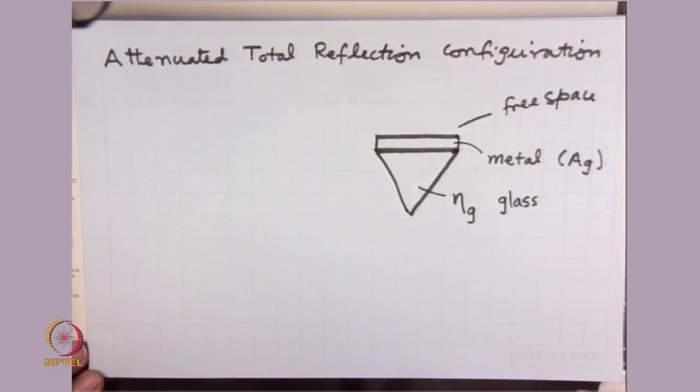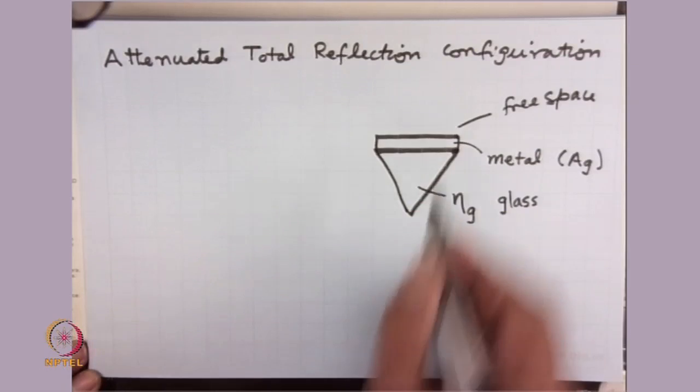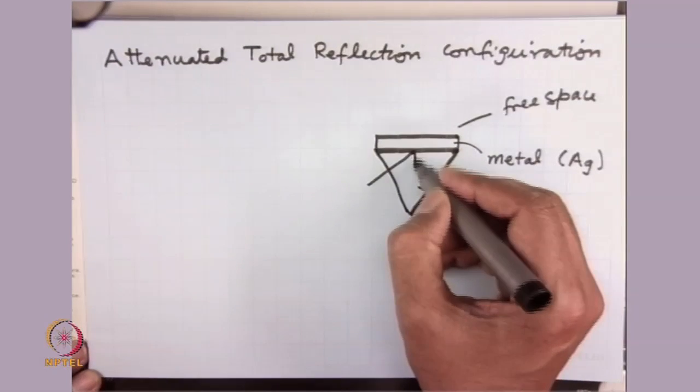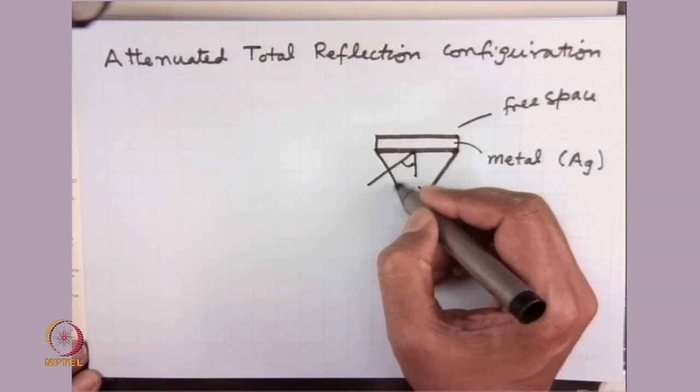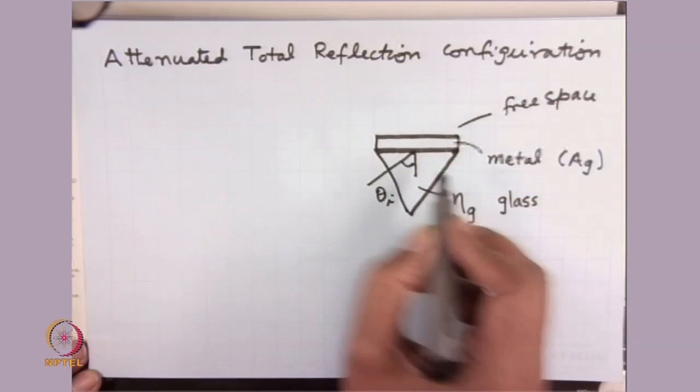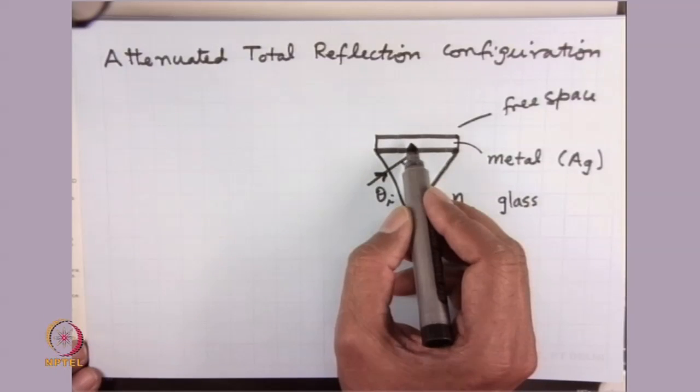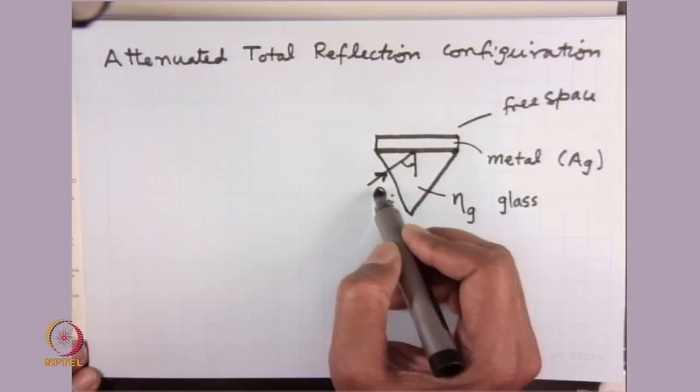A very fascinating experiment was conducted, in which you launch a laser here at some angle, say theta I. This is a metal with plasma frequency bigger than the laser frequency omega.